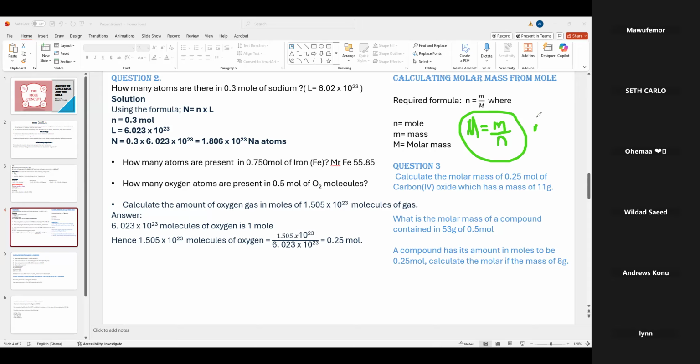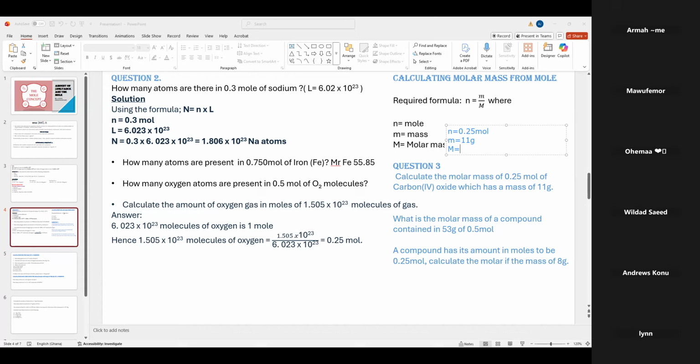So they gave you n to be what? You have n is equal to 0.25, right? And then small m is equal to 11 grams. So we can find capital M.